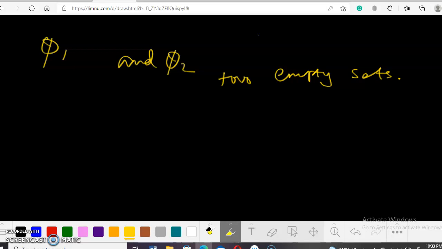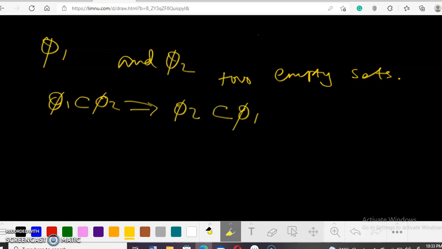Since empty set is a subset of every set, because we are trying to prove that empty set is a subset of every set, it simply means that empty set 1 is contained in empty set 2. And if empty set 1 is contained in empty set 2, it implies that even empty set 2 is also contained in empty set 1. And if empty set 2 is also contained in empty set 1, this means that empty set 1 is equal to empty set 2.